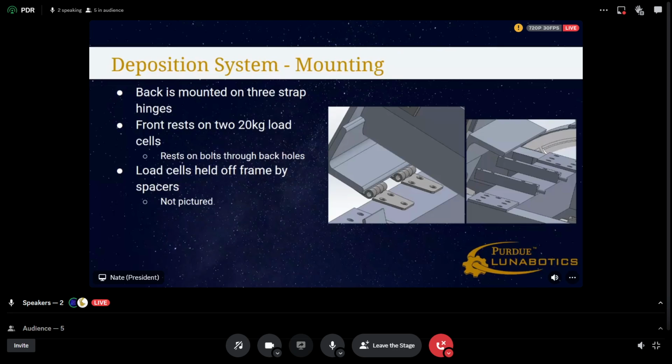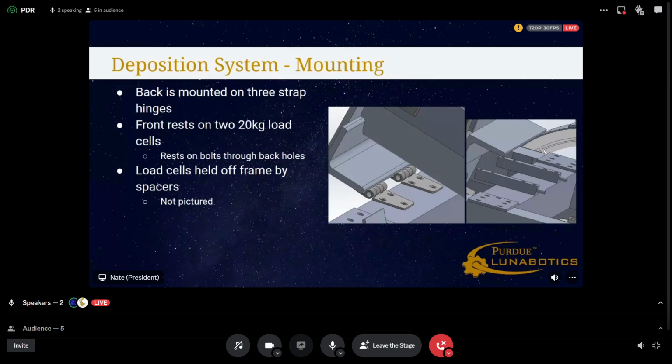Probably we'll have some bolts running up through the front holes and the back holes of the load cells, which that 2x2 L channel will be resting on to create the necessary flexion in those load cells to measure the weight that we need.